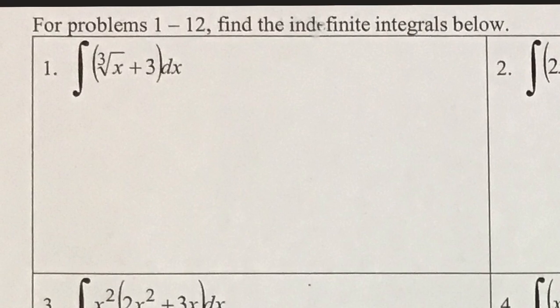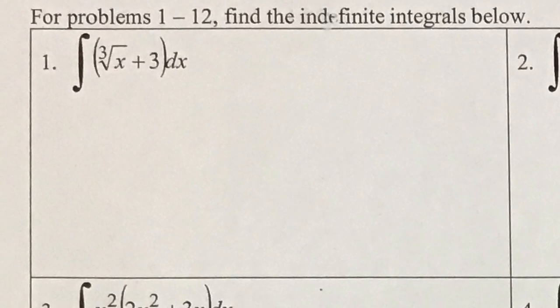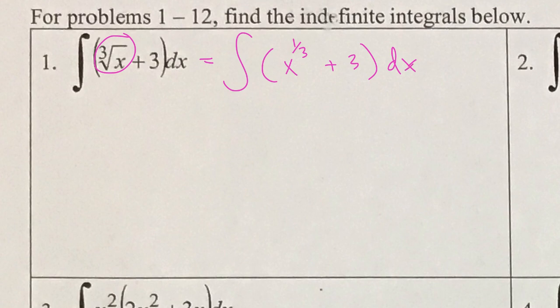Here we have the integral of the third root of x plus 3 dx. If we're going to use our polynomial rule, we first have to change our radical into a power. So this is the third root, or the 1/3 power, plus 3 dx. Let's use our rules of polynomial anti-differentiation.